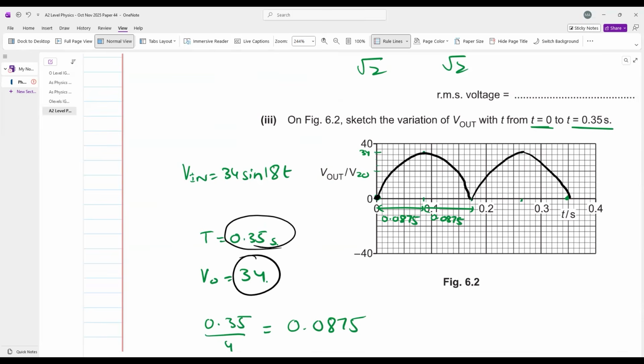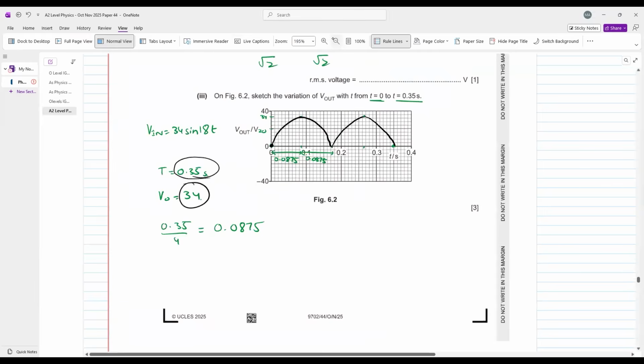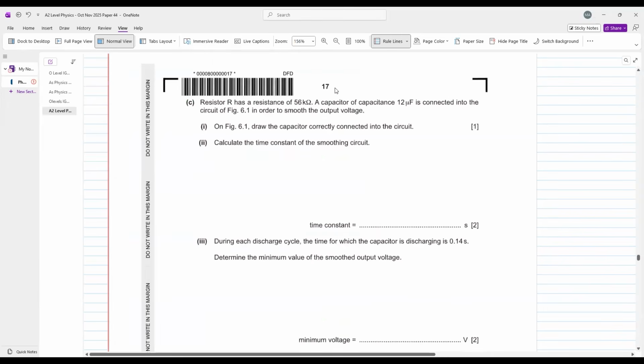After 0.0875 seconds, your voltage reaches 34. After a further 0.0875 seconds, your voltage reaches 0. After a further 0.0875 seconds, your voltage again becomes maximum. Further 0.0875 seconds later, at 0.35 seconds, it becomes 0 again. तो इस तरह से सिंपल सा ग्राफ ड्रॉ कर लेना है आपने.